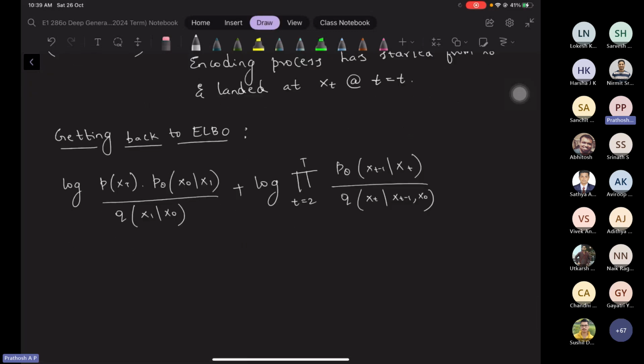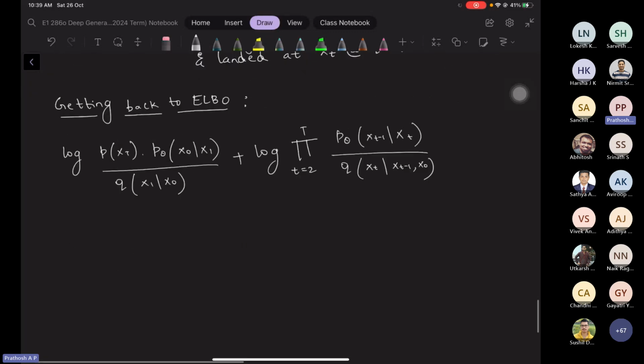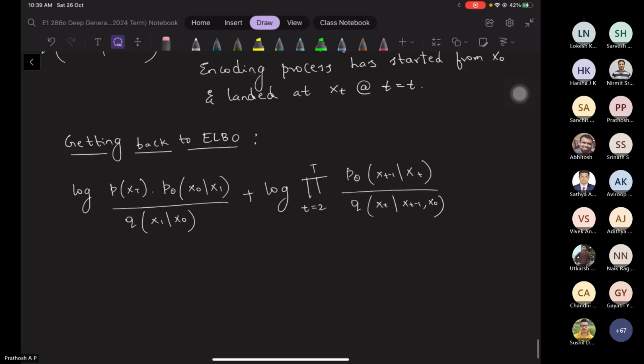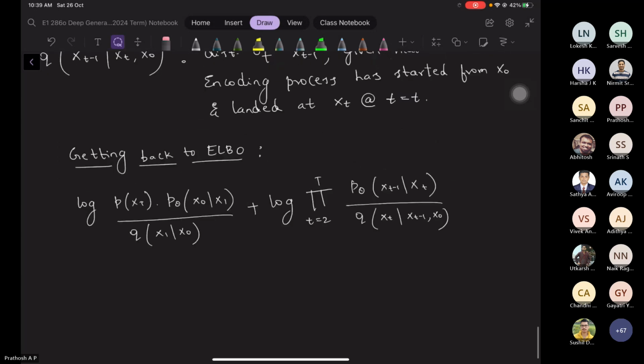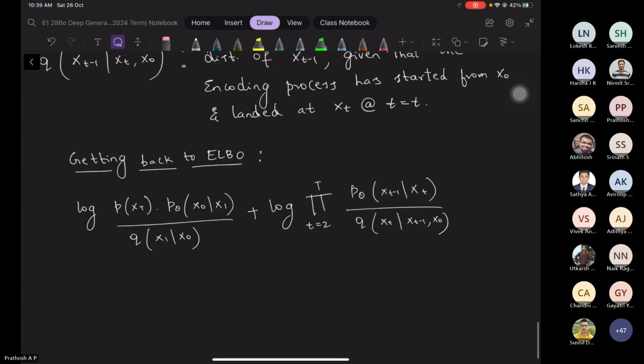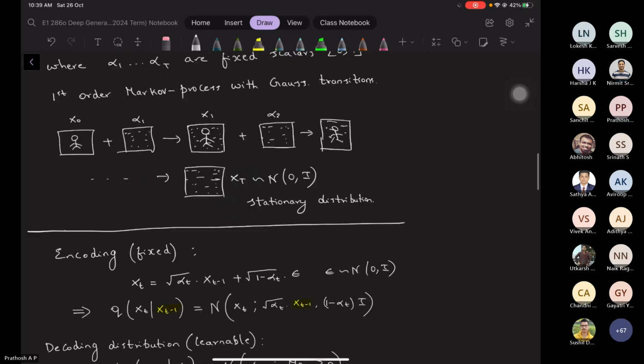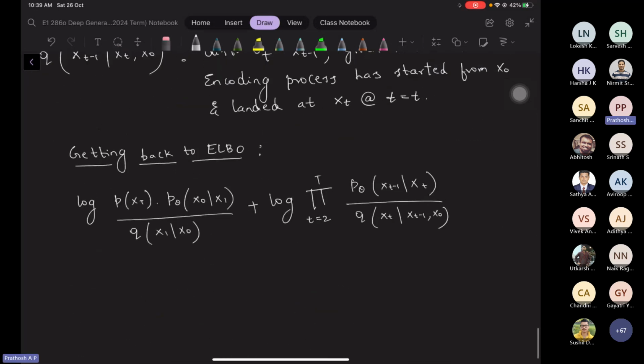Okay, and let's use the Bayes law. Whatever we had written there in step 2, let me write it down again.